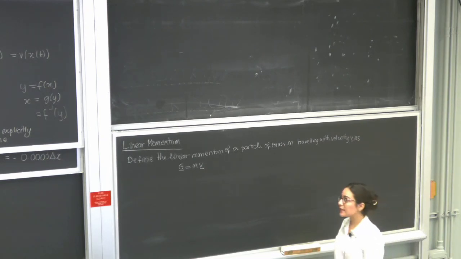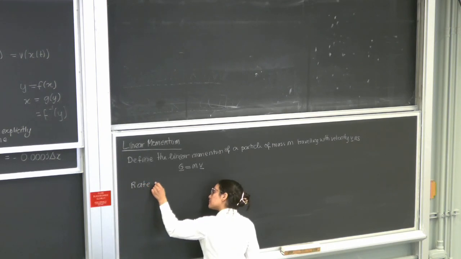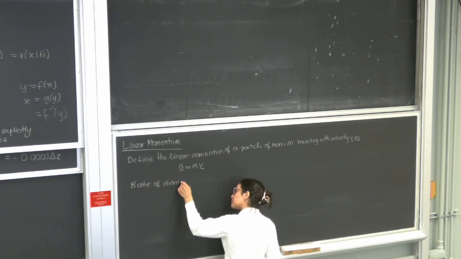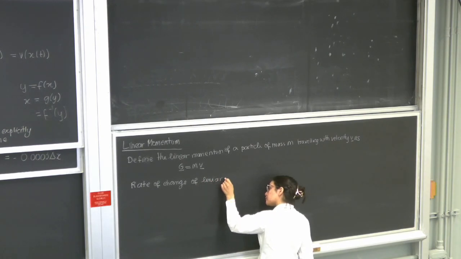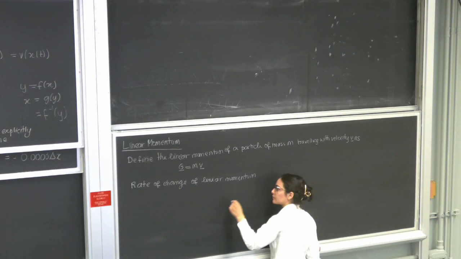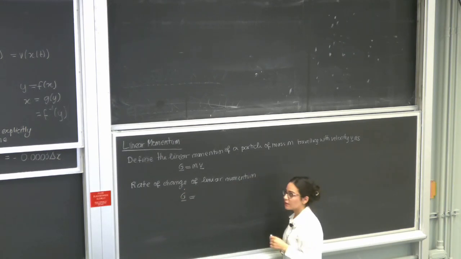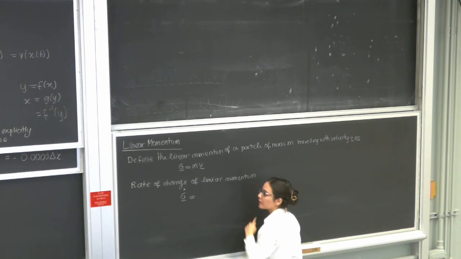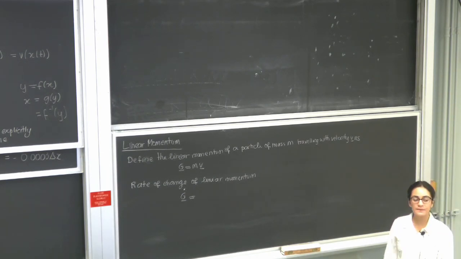And I can calculate the rate of change of linear momentum. The time rate of change of linear momentum is G dot. How can I calculate the derivative, G dot? What will I get? If I have a certain system and I want to calculate the rate of change of its linear momentum, what would that be?